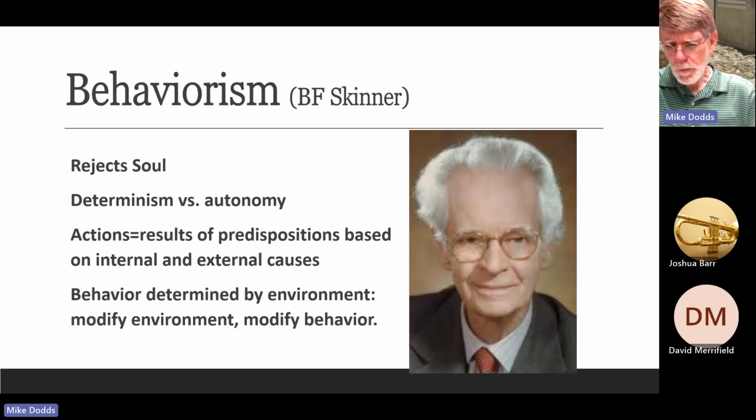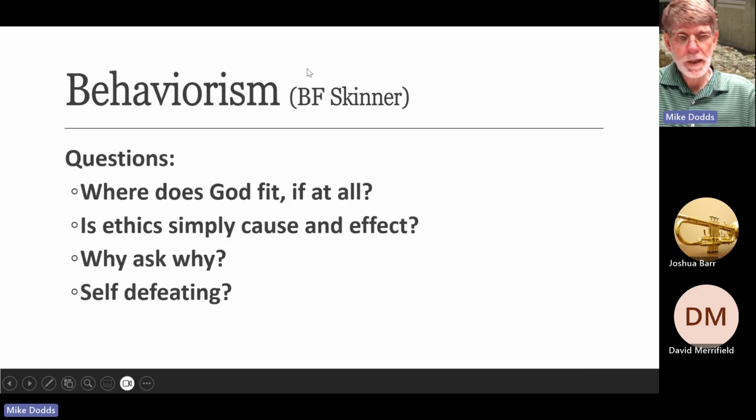Does this mean there's no moral responsibility for personal choices? Should we punish people for what they cannot change? Isn't that ineffective and maybe even mean-spirited? I'm quoting from our textbook there. He's talking about evaluating this. So, questions: where does God fit in? Is ethics simply just cause and effect?